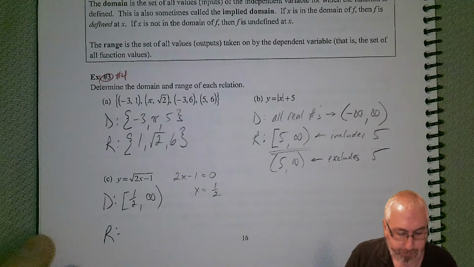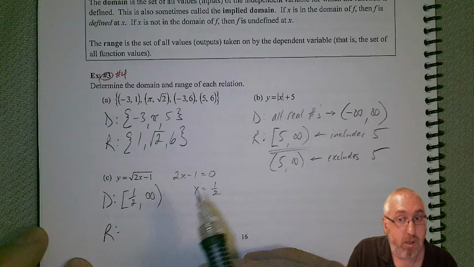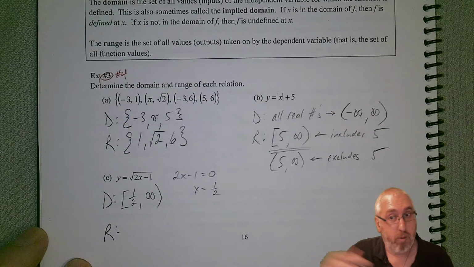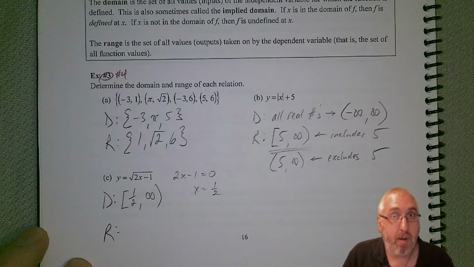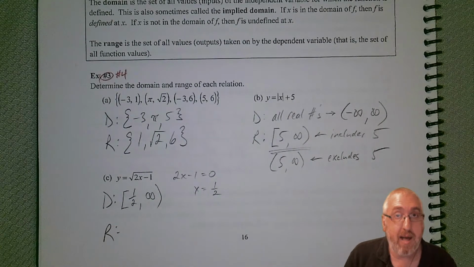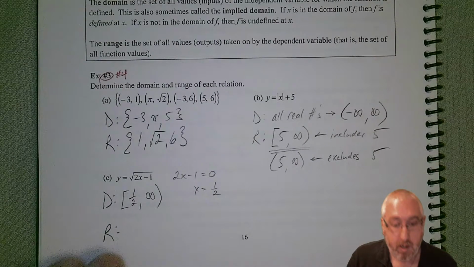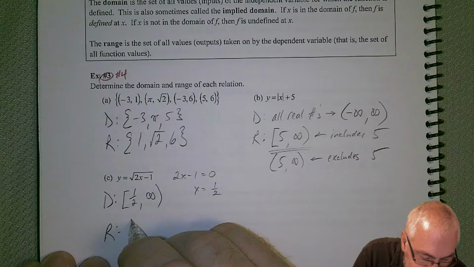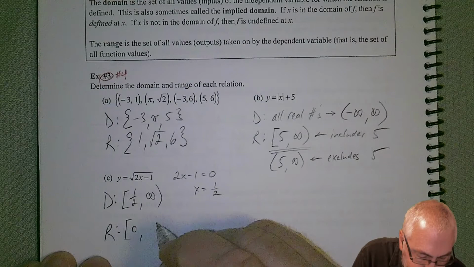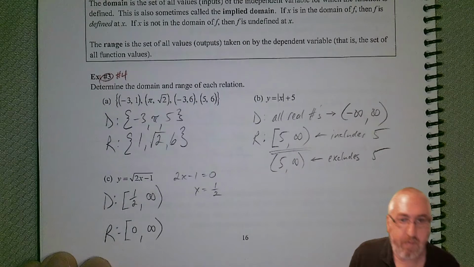So 0 looks like it's going to be the smallest, and can we get any positive number above that? Yeah, we can find a way to get to it. So in this case, 0 is included, and we want to go all the way to infinity on that one.